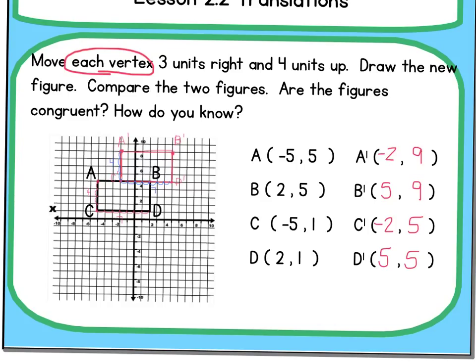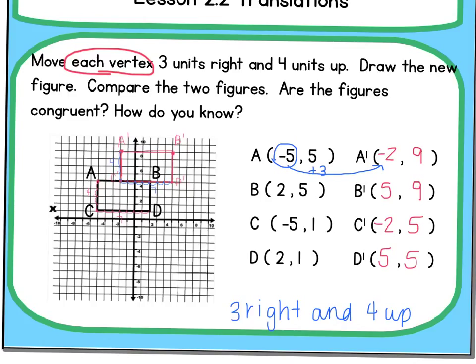The one thing that I want to show you is that if I look here, remember we moved 3 to the right and 4 units up. So look at this. If I moved on the number line 3 units to the right from -5, that would bring me to -2, moving 3 to the right.